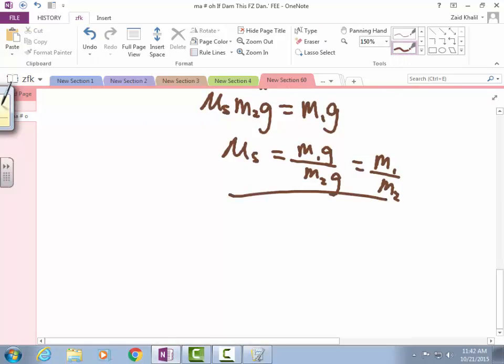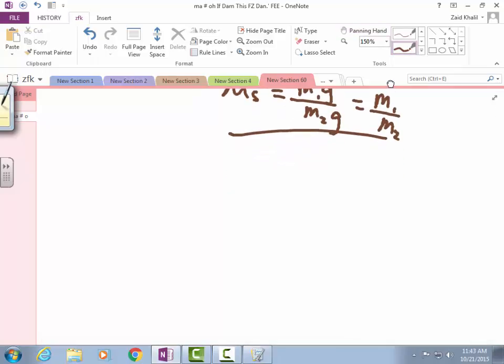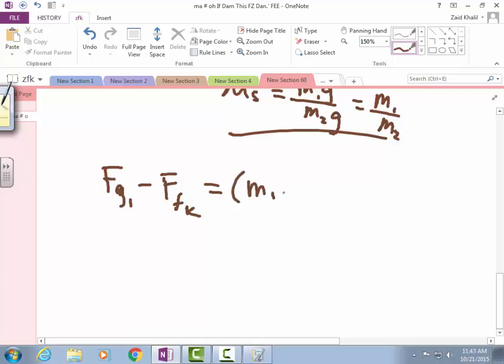So now we go to the third case. And what's the third case? There's kinetic friction. So in the third case, we have the following: Fg1 minus Fk equals (M1 plus M2)A. Solve for A1.